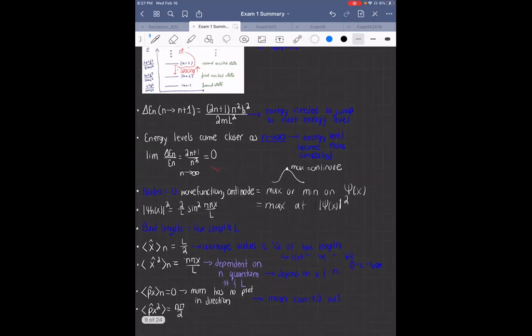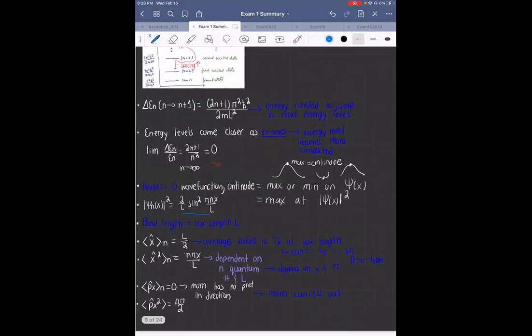And if it was at a minimum, it will be an antinode. And that's only for a wave function. For a probability wave function, the minimum will just be flipped because the minimum is always negative, so it'll just be flipped here. And so antinode is always the maximum on a probability wave function, for a particle in a box. And a particle in a box can be described with this equation here.